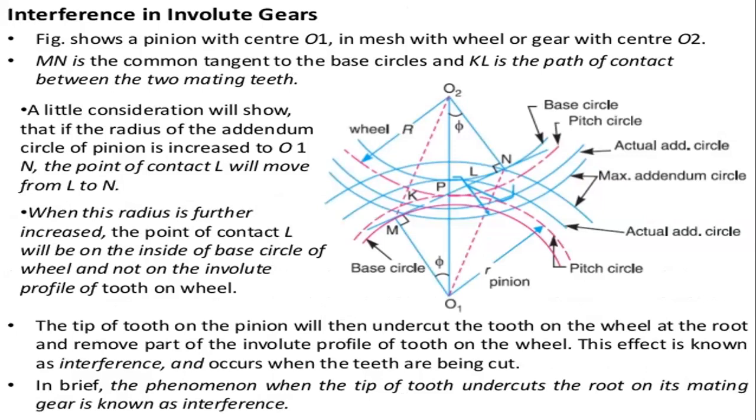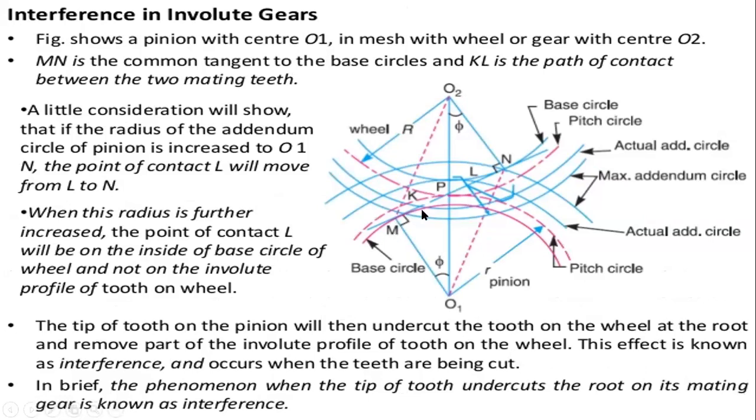Here MN is the common tangent to the base circles, and KL is the path of contact between the two mating teeth. So these are the two lines, KL and MN. MN is the common tangent, and you can see it in the picture also.